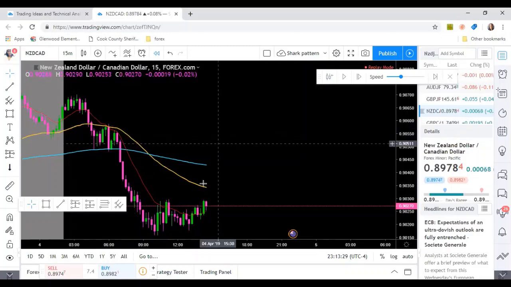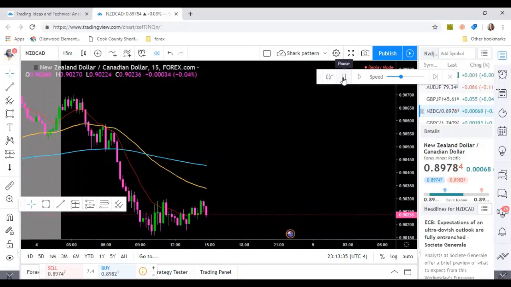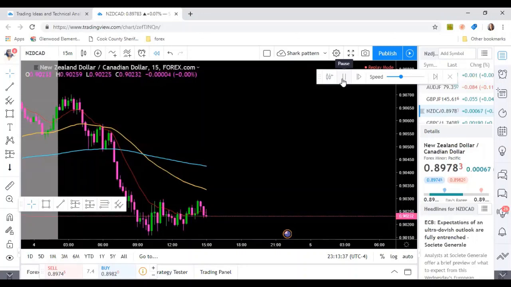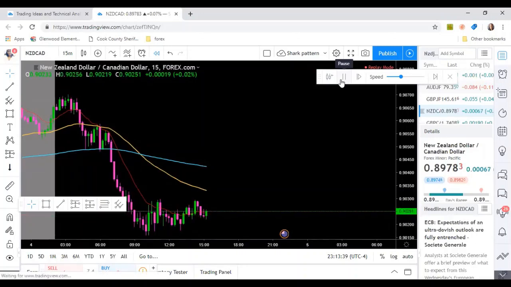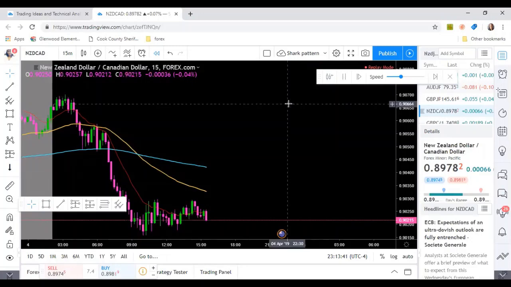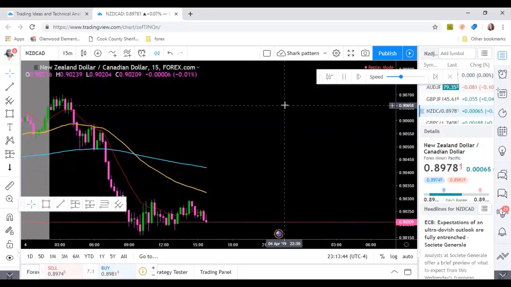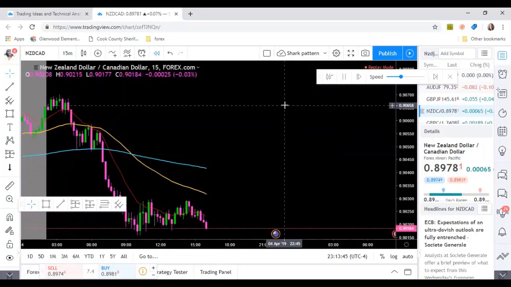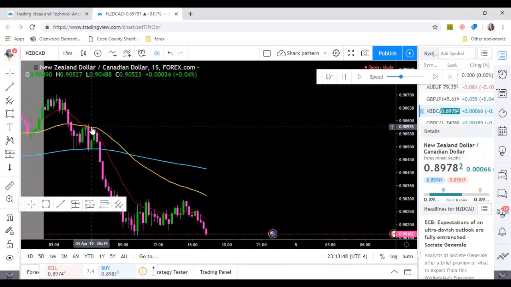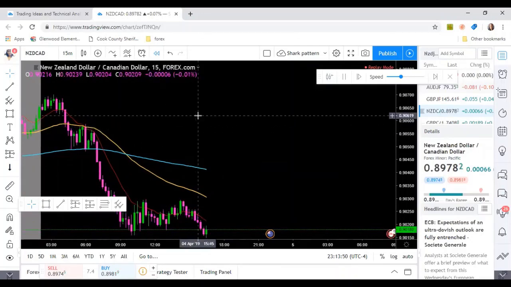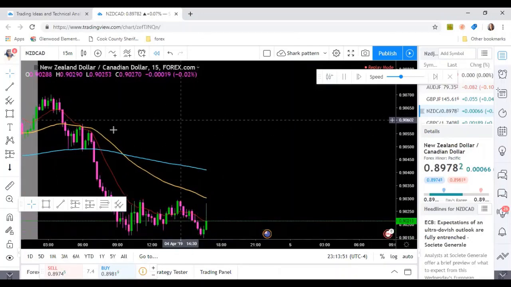But okay, so let's say if we were to get into this trade, let it keep going. The EMAs do not cross, so it looks like so far we're not in it. We're looking for the red and the mustard like we did on the first trade.